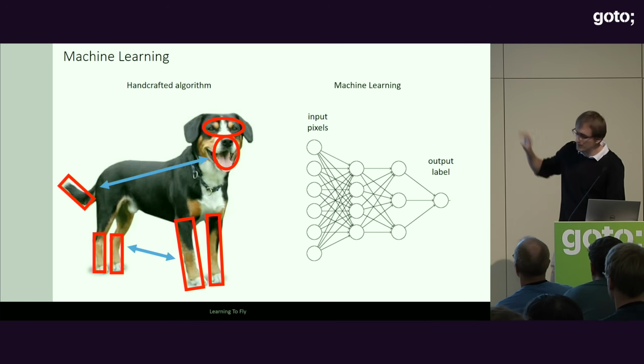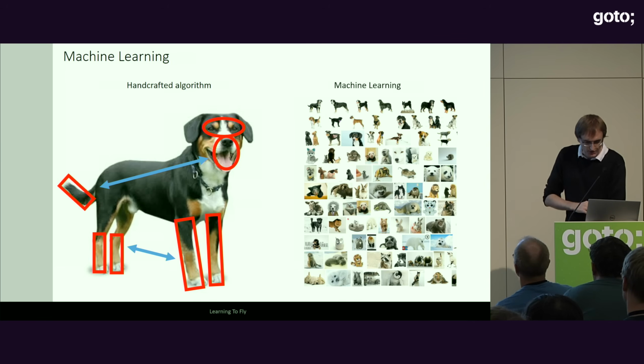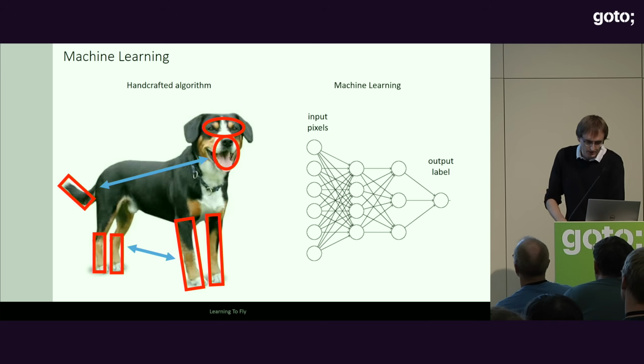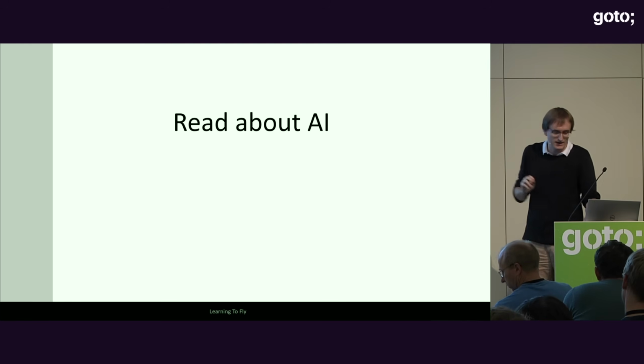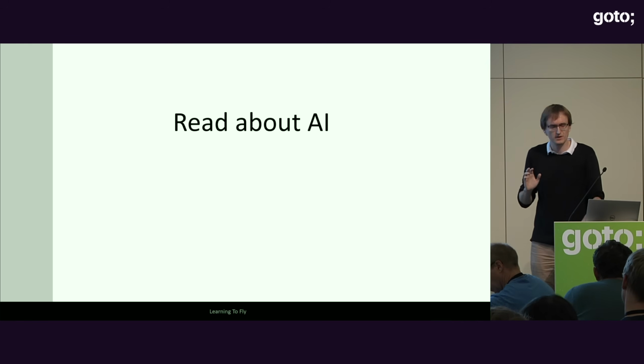And to make it a correct label, we flood it with thousands of examples so that we tune the reactions to each pixel and combinations of these reactions so that finally you have the output as you want it.